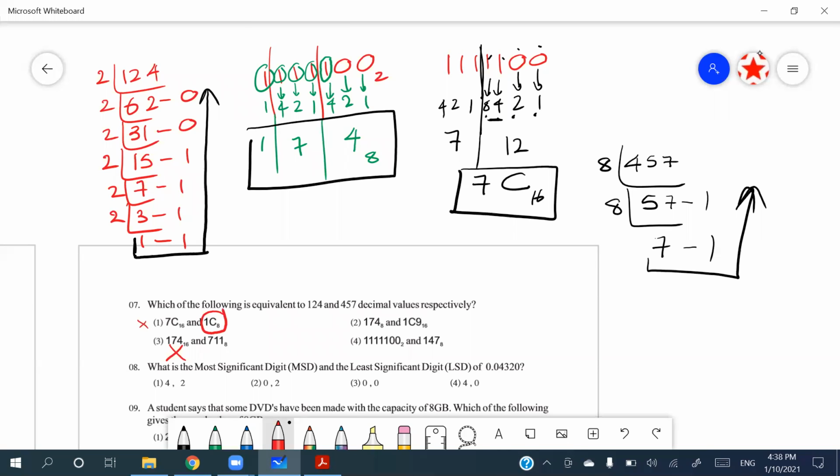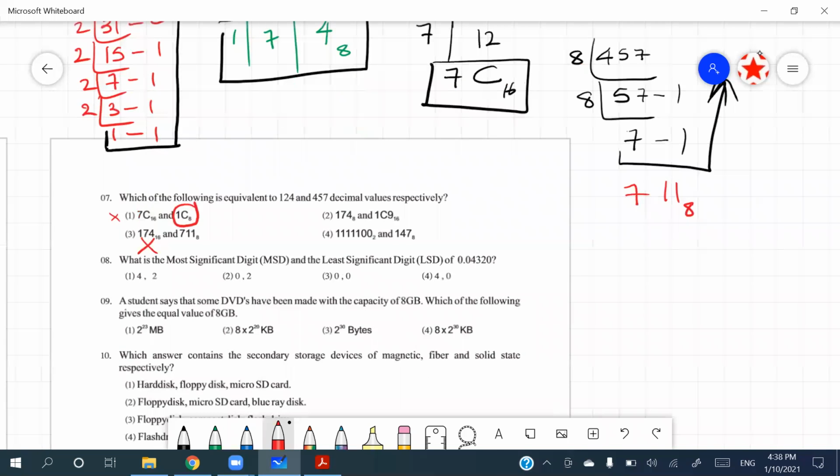So 711 is for the octal, and we have to convert this into hexadecimal as well. So 457, go for the hexadecimal part. So 45, there will be 2 only. So 32, how many is remaining? 13 is remaining. 137.